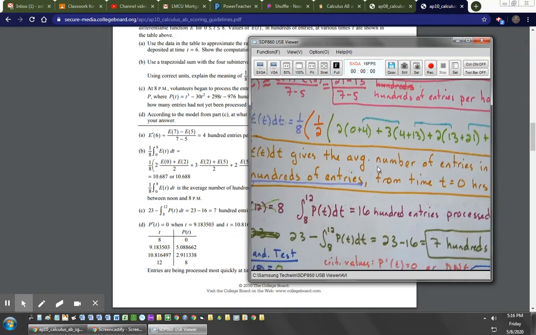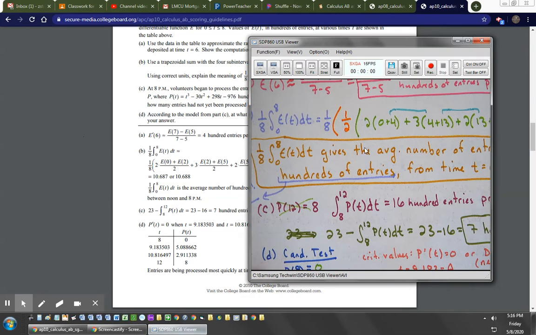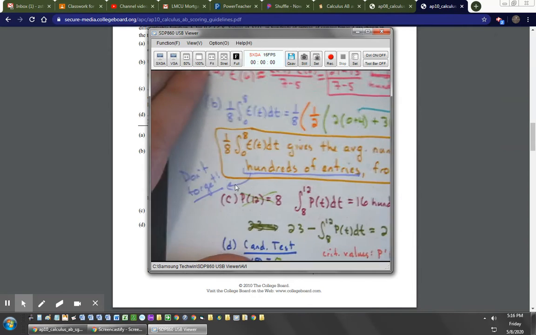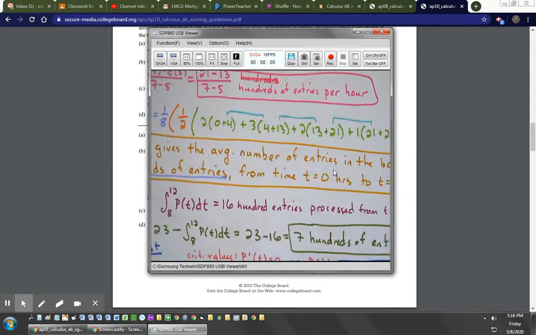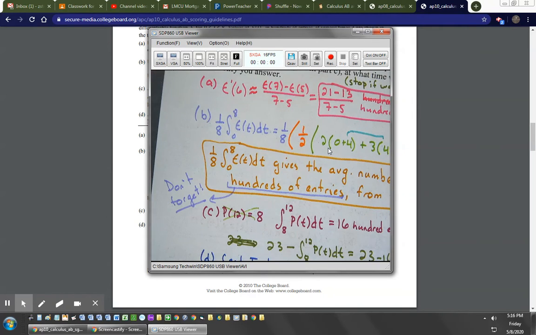We didn't have to. We got what we needed. We got the points. And then it says one is the average number of hundreds of entries between noon and 8 p.m. We said number of entries in hundreds of entries. Oh, that one I'm going to forget when we do these together. But from 0 to 8 hours, they use the actual time. We chose not to.